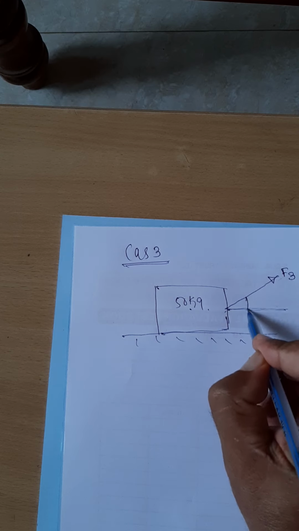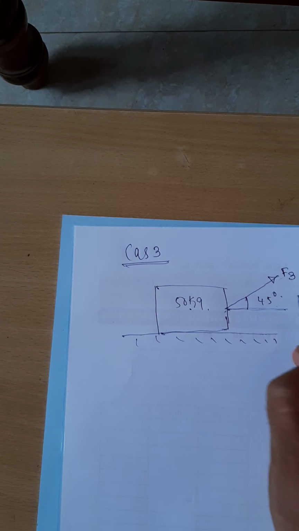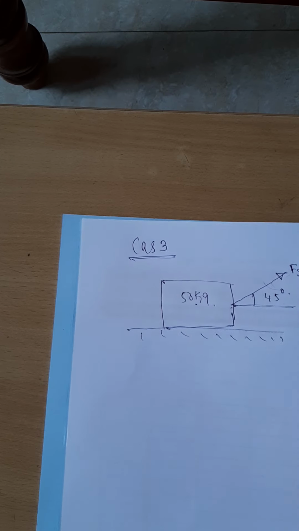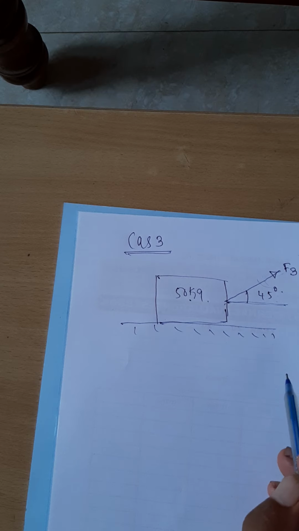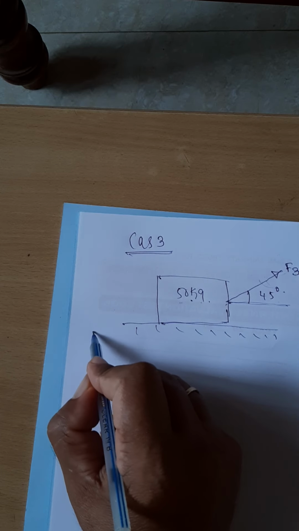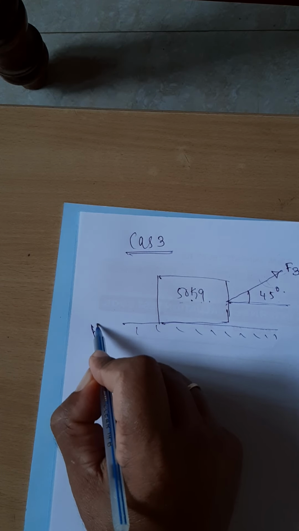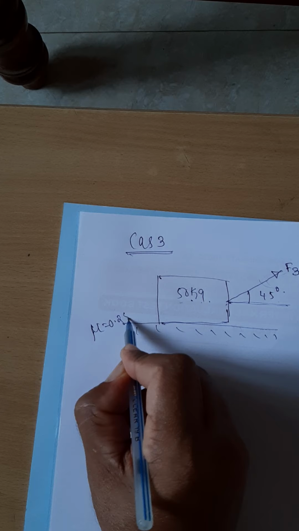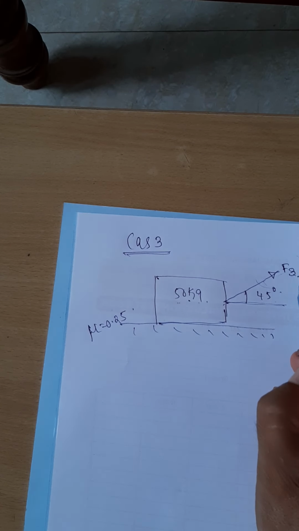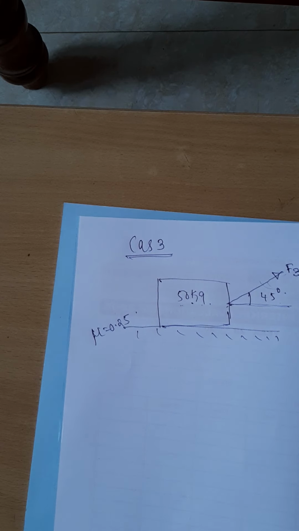He is asking you to calculate the force needed to set the body in motion if you are applying the force F3 like this. So the body of mass 50 kg, coefficient of frictional resistance is 0.25.